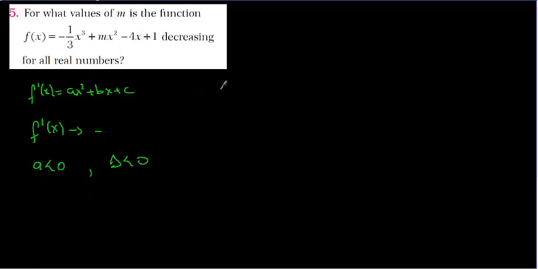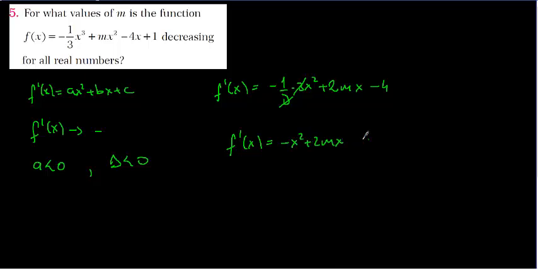So for which values of m is the function always decreasing? If we are finding this, first I need to get the derivative. F derivative x is equal to, here it is minus 1 over 3 times 3x squared, plus mx squared minus 4x, 2mx minus 4, and if simplified, f derivative x is equal to minus x squared plus 2mx minus 4.